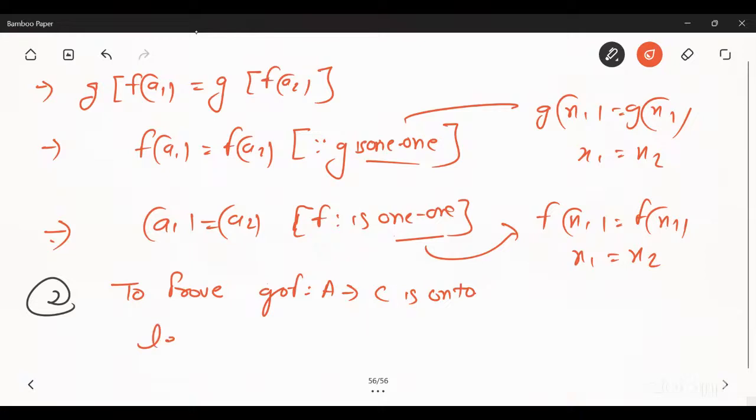So for that we have to take an element from the range. Let c belong to C, small c belongs to C. And since g from B to C is a bijection function, if a function is bijective, what does it mean? It is 1-1 and onto.